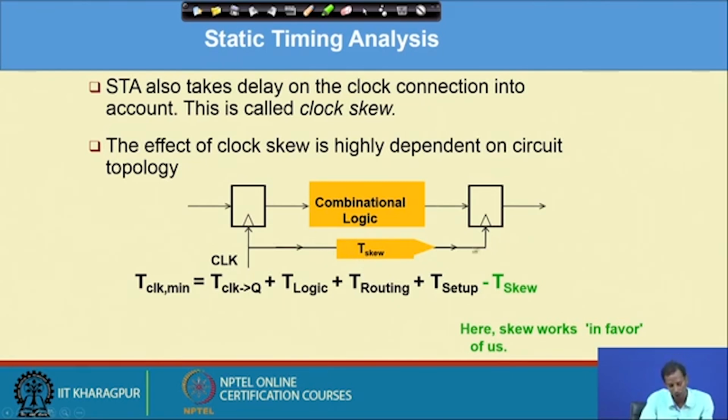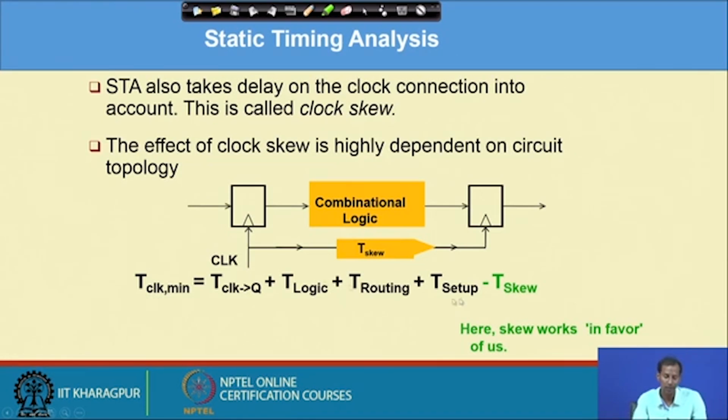But if the clock is supplied in the opposite direction to the data, then the skew will not be in our favor; it will be against the design. At that time this skew will also be added when finding the T clock minimum.